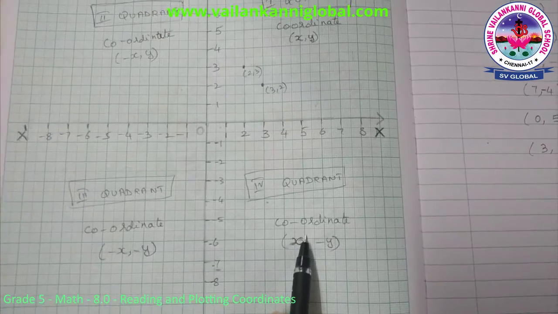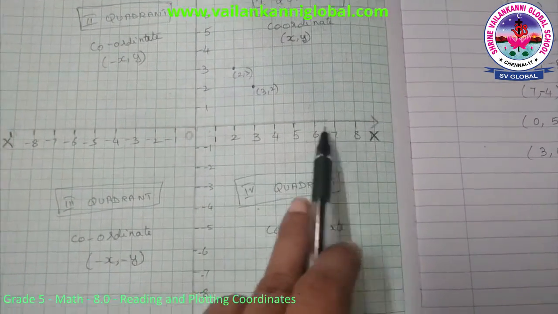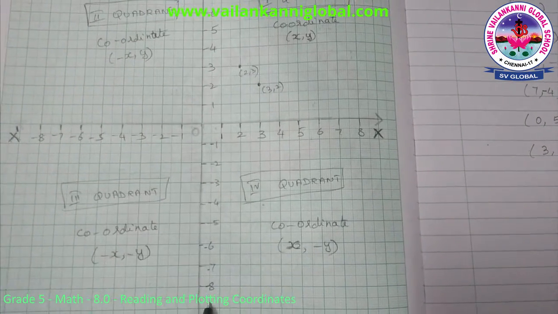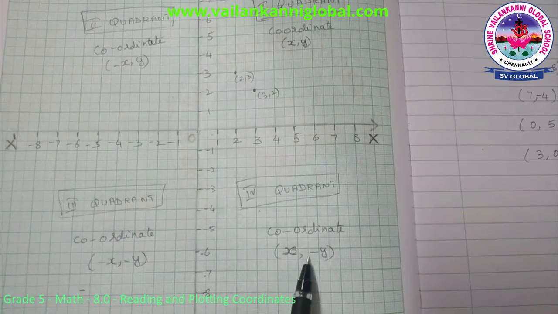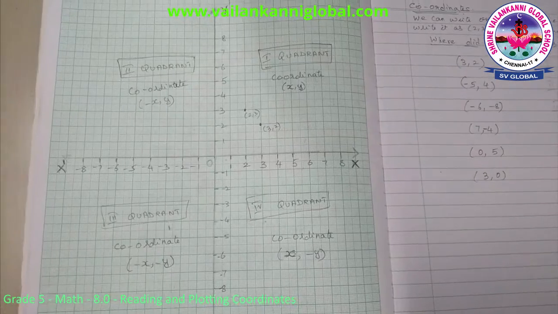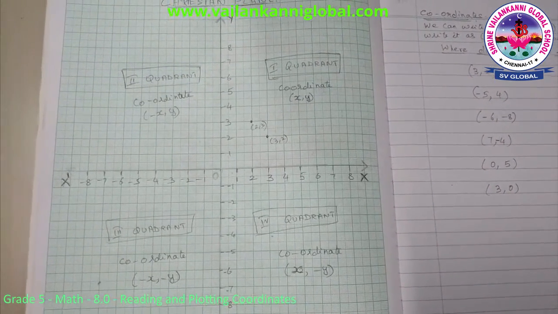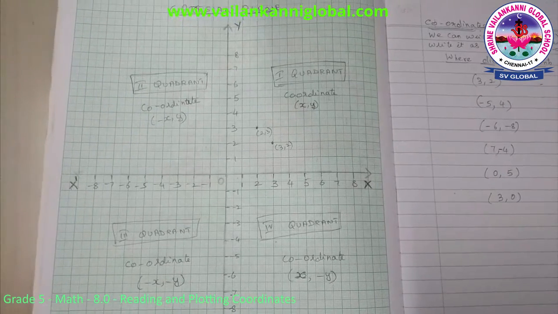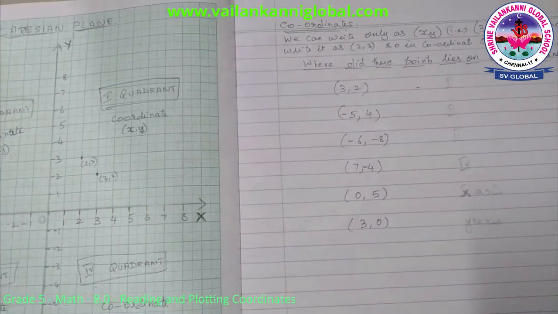In the fourth quadrant, the x is positive and the y is negative, so we write it as x, minus y. This is the way we can divide the plane into 4 equal parts and write the coordinates.